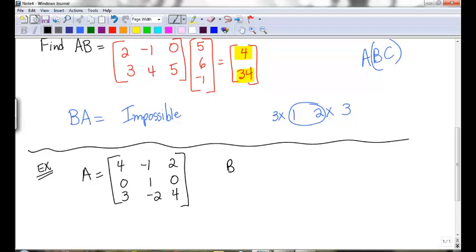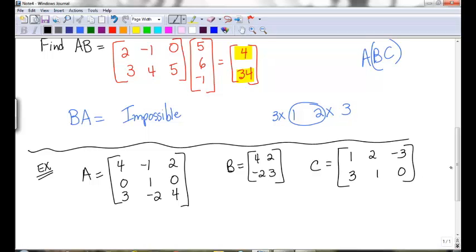Matrix B is a 2 by 2. First row across is 4, 2. Second row across is negative 2, 3. Matrix C is a 2 by 3, 2 rows by 3 columns. First row across is 1, 2, negative 3. Second row across is 3, 1, 0.